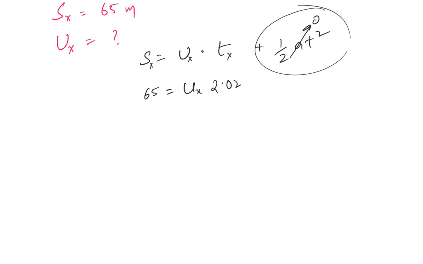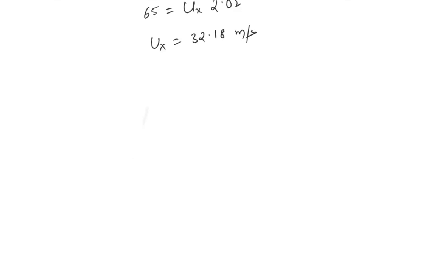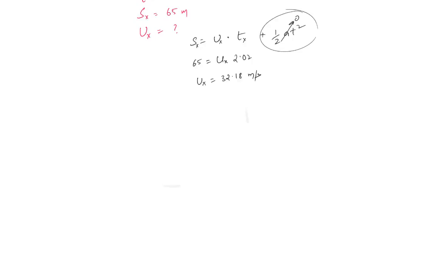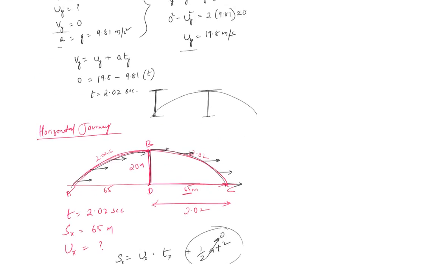So ux is 65 divided by 2.02, which comes to 32.18 meters per second.